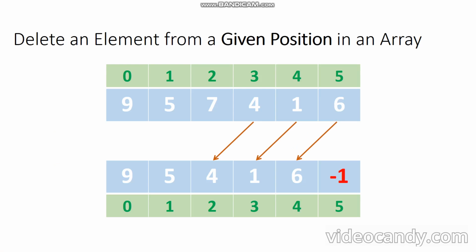Now at the fifth position, I will be inserting -1. You can insert any value like 0 or 999, something which does not belong to the actual data. For a normal purpose, I have inserted -1.